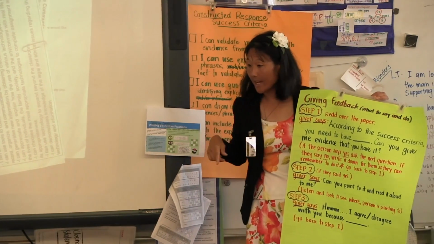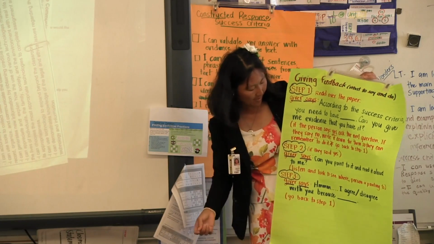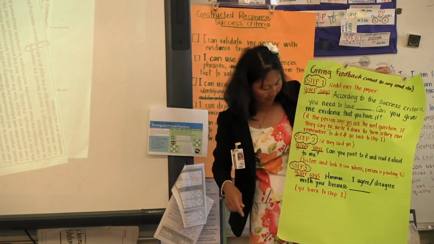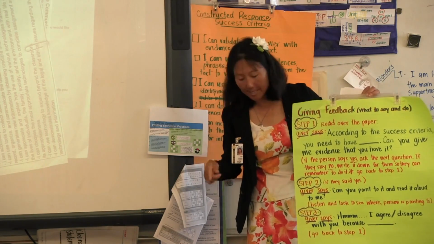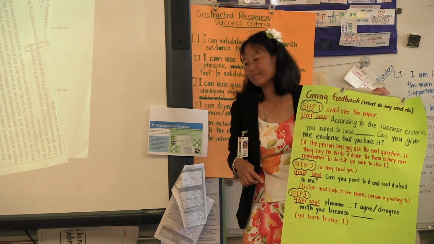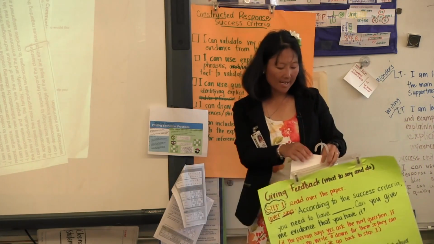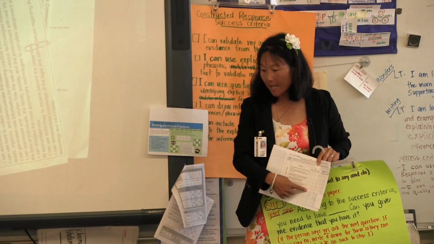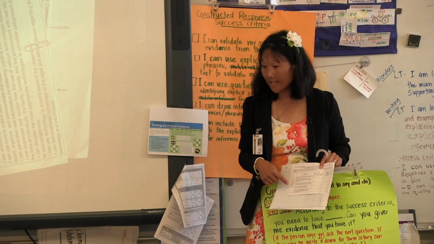So if she says yes, she's going to point to it, right? If the person says yes, ask the next question. So she says yes, and then I'll go to this one. Can you point to it and read it out loud to me? And then I'm going to make sure to listen and look. So I can either say, I agree with you, or I don't really agree with you because this. And then I have this little paper here to help me give her feedback, and then she can see, oh, I didn't have this and this. I need to go add it in.